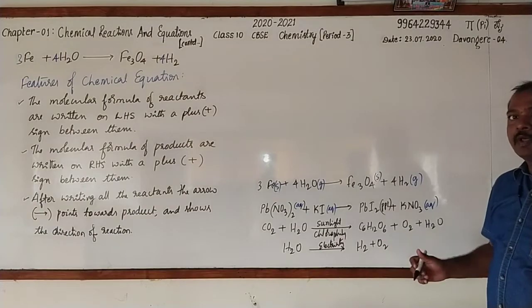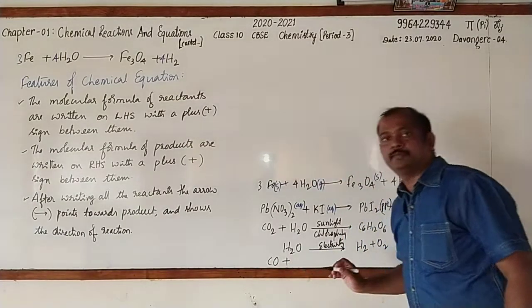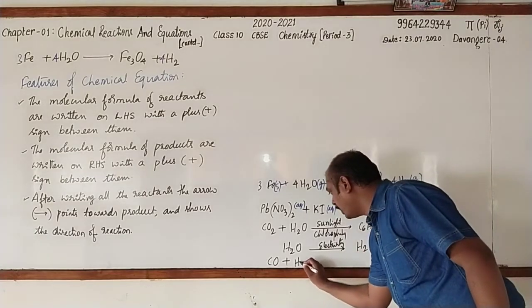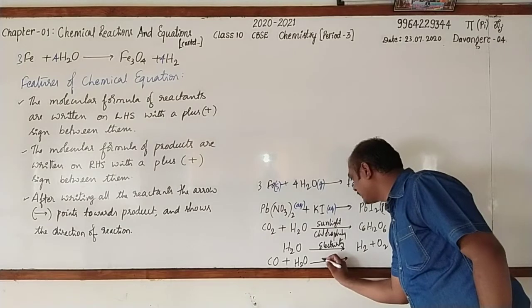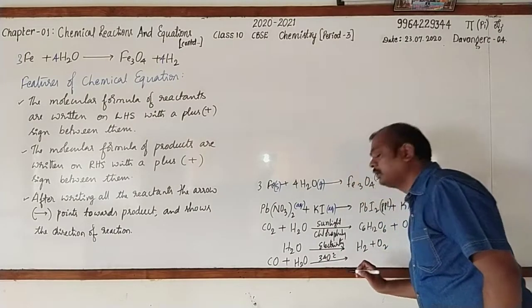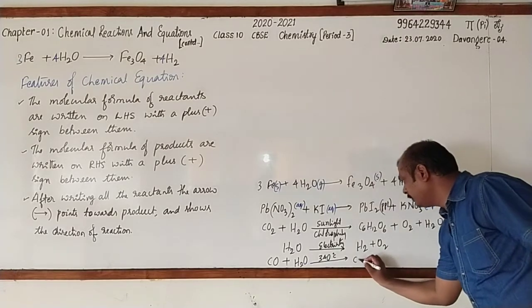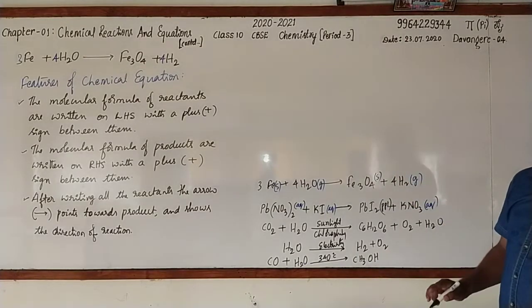Let me take one more simple example. That is carbon monoxide. It reacts with hydrogen. Under what condition? Yes, when it is heated to a temperature of about 340 degrees Celsius, then we will get methyl hydroxide, CH3OH.